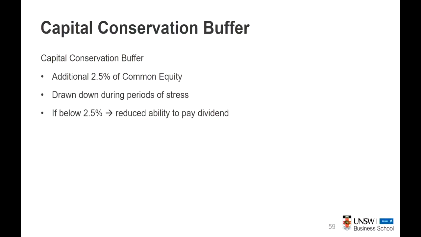So now we have a capital conservation buffer of 2.5%. This 2.5% is mandatory, and what it means is that unless you have the full 2.5%, your ability to pay dividends and bonuses gets reduced. You can only pay full dividends and full bonuses if you have the full 2.5% capital conservation buffer.